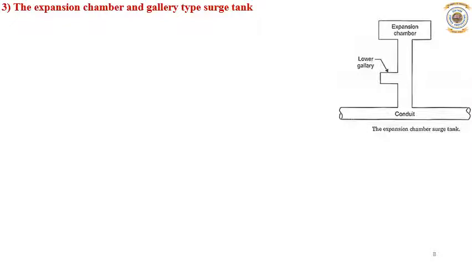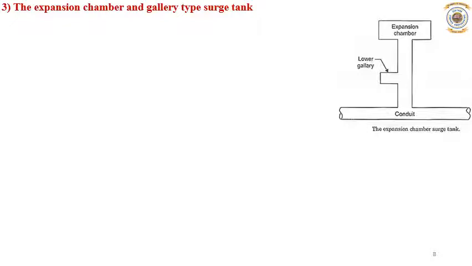Okay, the conduit is nothing but the penstock. Okay, these expansions limit the extreme surges. Okay, and the upper expansion chamber must be above the maximum reservoir level, and the bottom gallery must be below the lowest steady running level in the surge time.